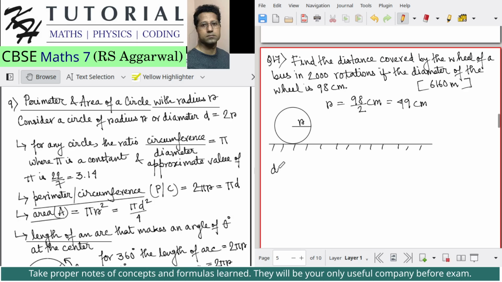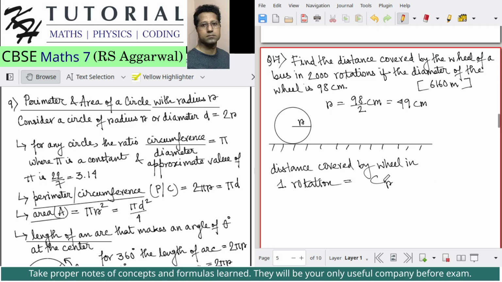So distance covered by wheel in one rotation is equal to the circumference of the wheel, which I am denoting with C small r, since small r is the radius of the wheel.